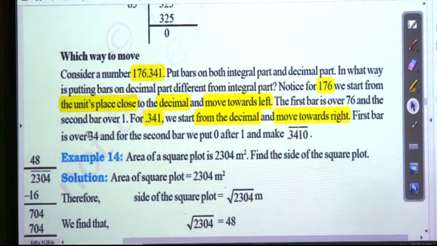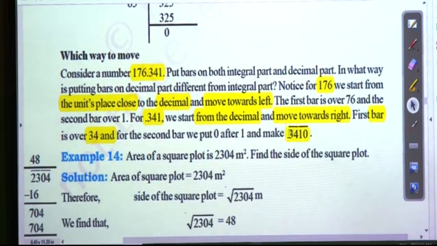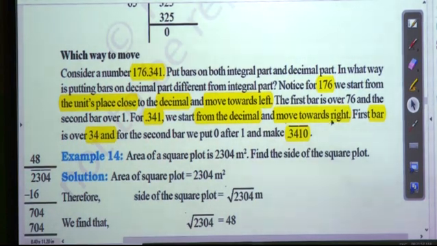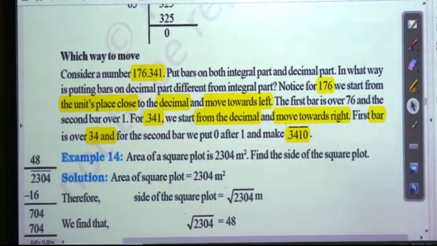First bar is over 34. And for the second bar, we put 0 after 1 and make 10. That is, one group is 34 and the second group is 10. Let us see what exactly the things are.